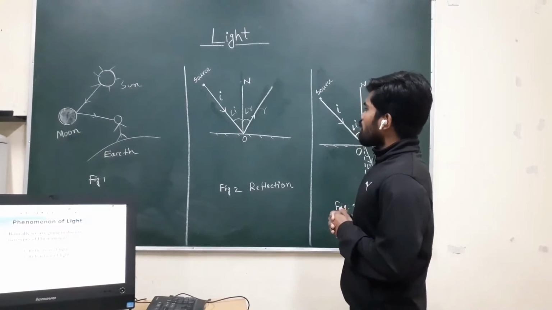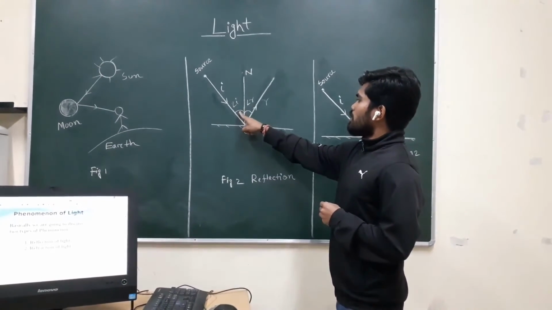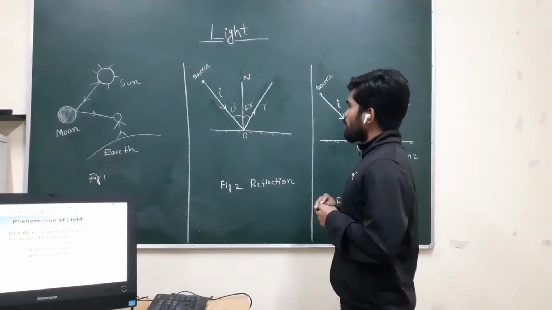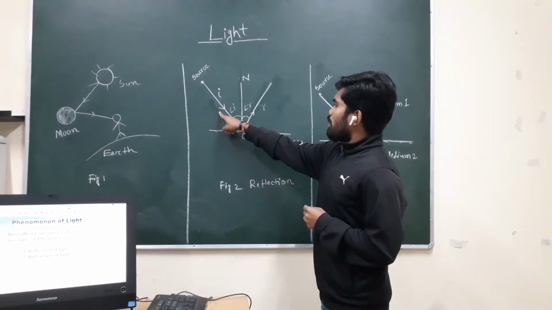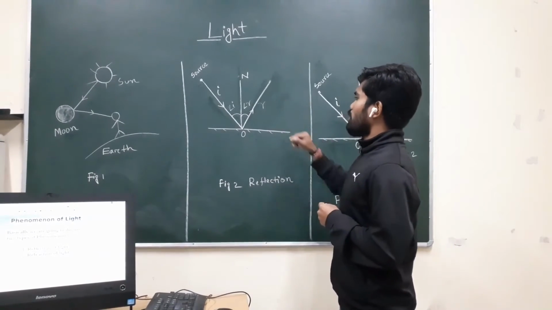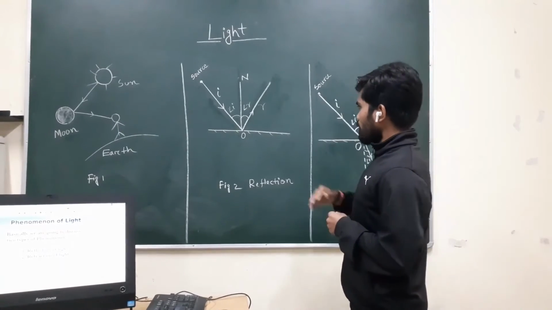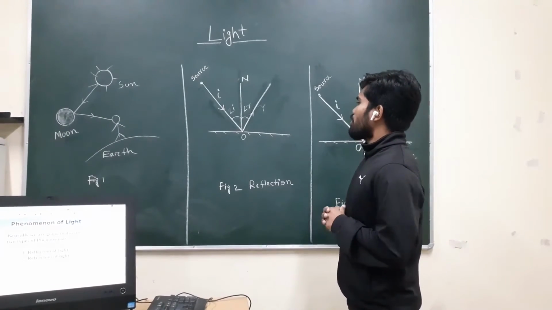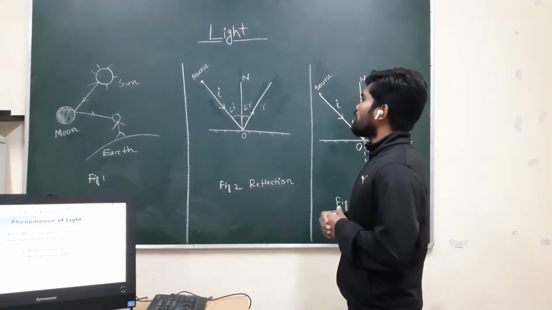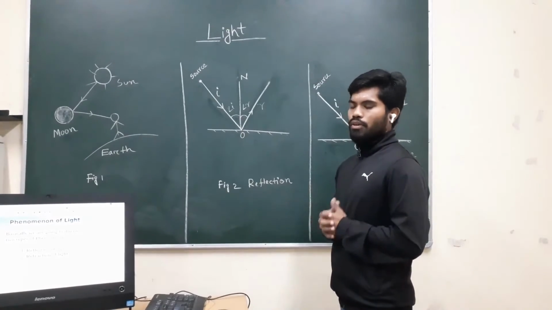We can see here two angles, namely the incident angle and the reflected angle. Accordingly, this ray is known as the incident ray and this reflected ray is known as the reflected ray. According to the law of reflection, the incident angle and the reflected angle are both equal.